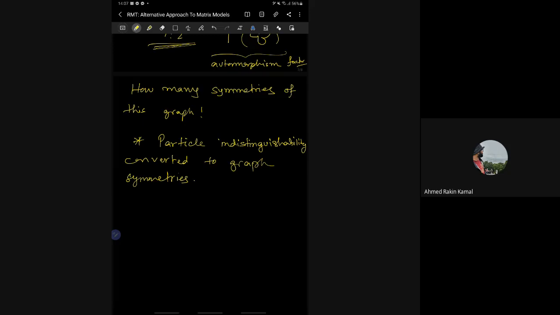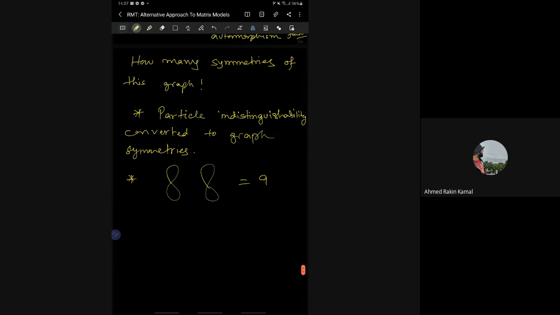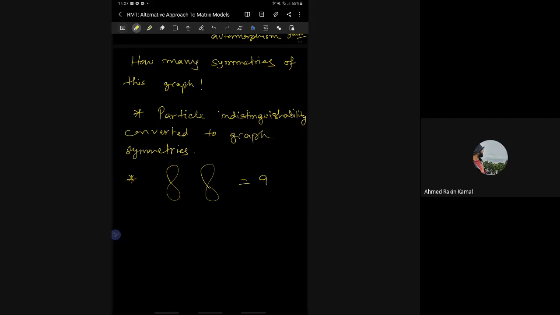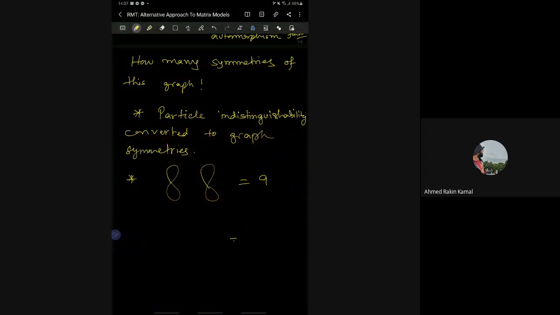Okay, so let's see what kind of numbers we generate for the previous example, which is this. Since we are talking about symmetries, can someone tell me this number? What are the operations that we can come up with that would leave my graph invariant?